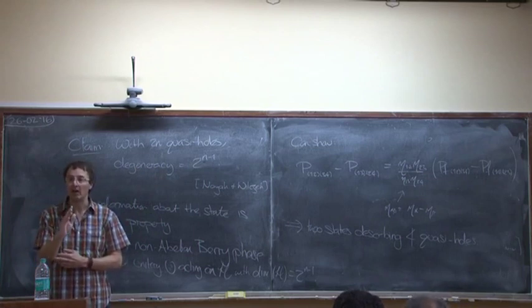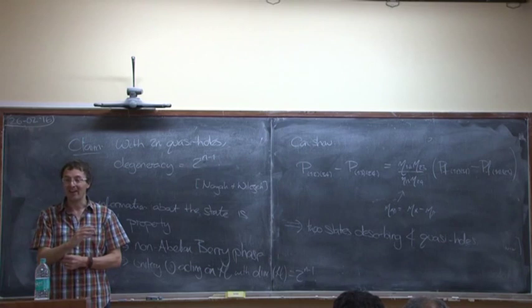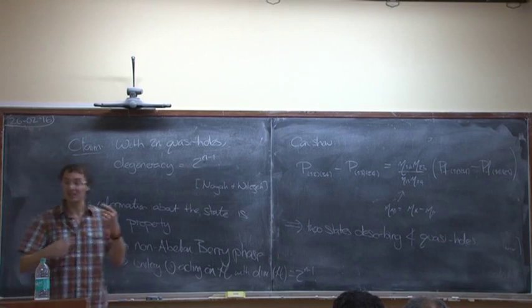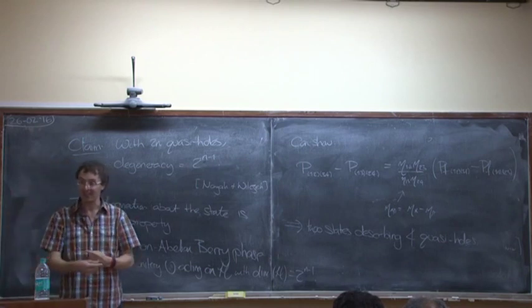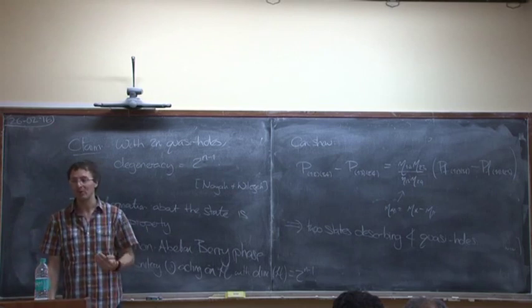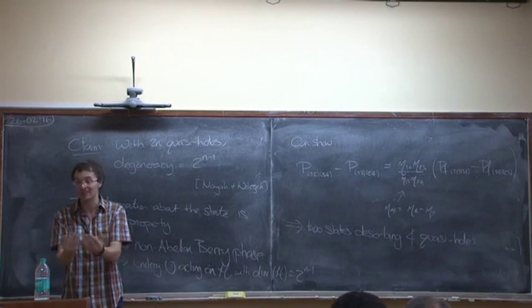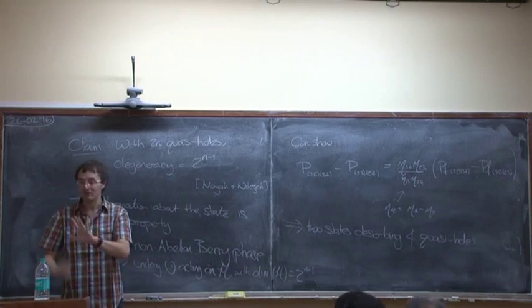There's even a paper by Nayak and company called something like Topological Order for Idiots. They use a beautiful argument of Senthil about how you can calculate this degeneracy, but it turns out there are all sorts of subtleties. I understood the first 15 pages, and then the subtleties piled up, and they get the answer. So it's out there in the literature, but it's not easy.